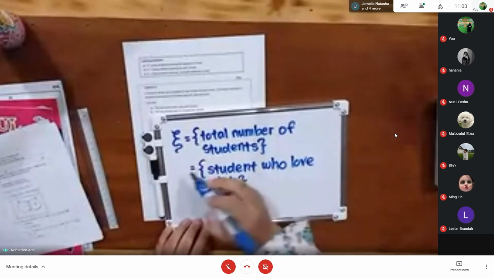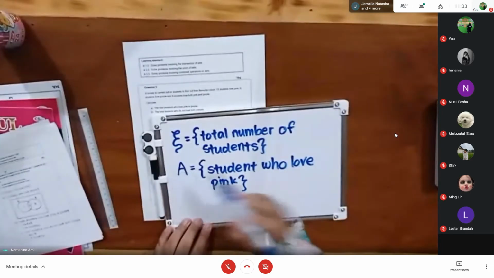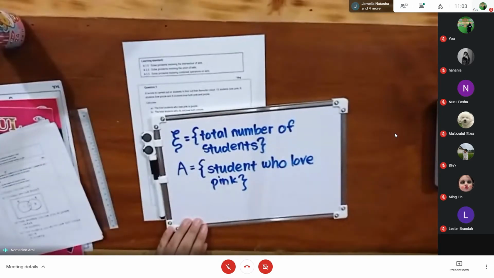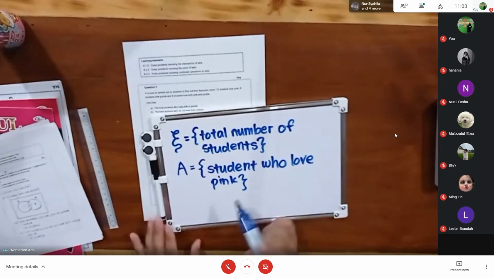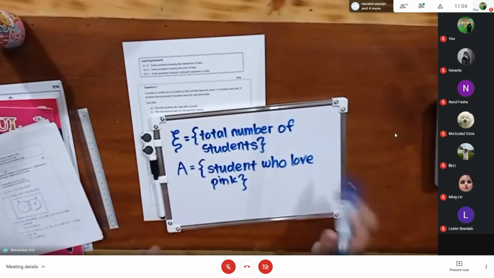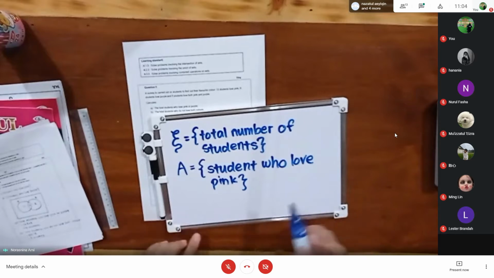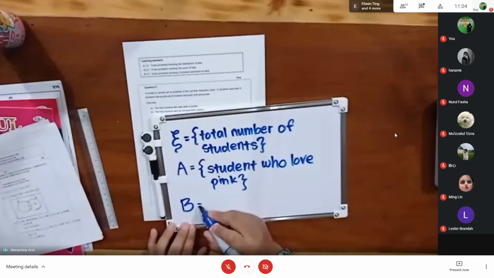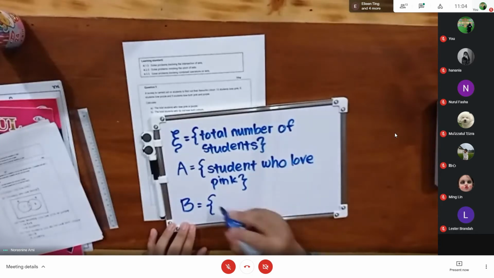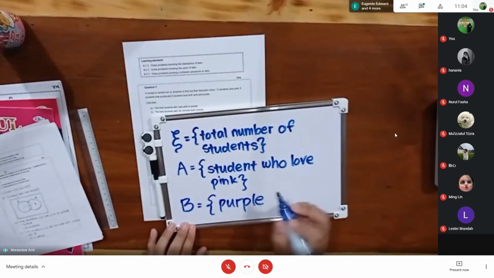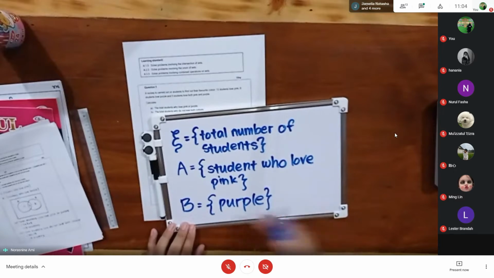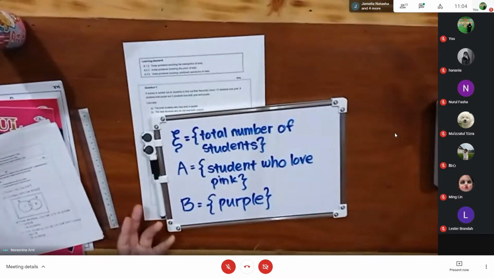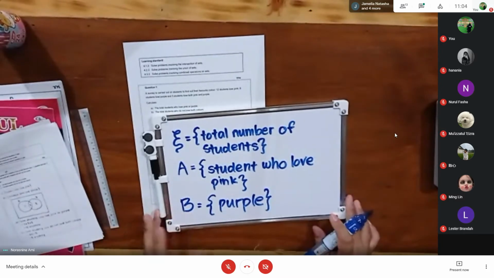I want to use letter A to represent students who love pink. Set A. And then another set is students who love purple. I will use letter B. You can write the full sentences or you can write just like this. Any of these is okay.